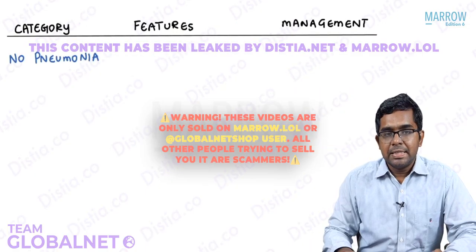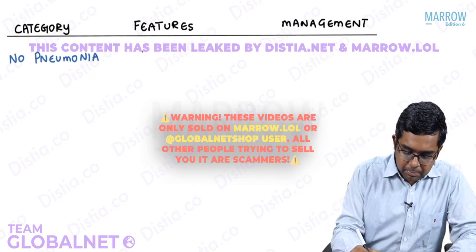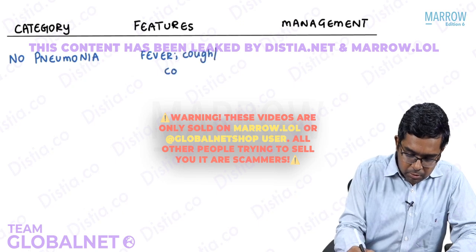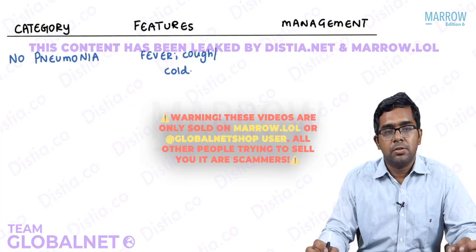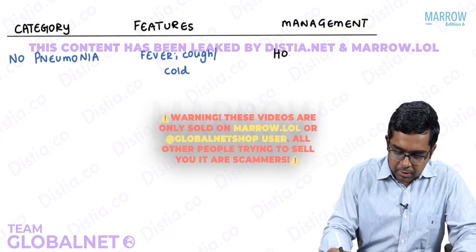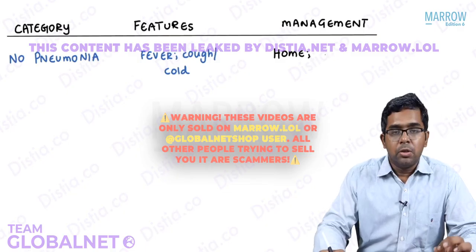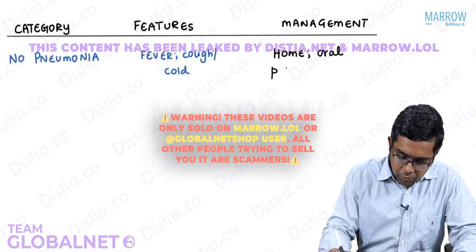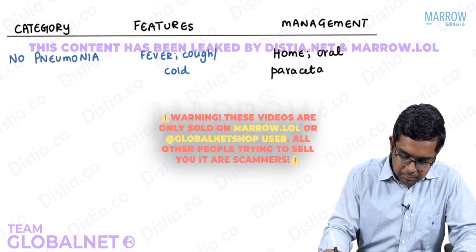The first category is no pneumonia, which is characterized by only fever, cough or cold. There are no other associated features. No pneumonia is advised home management. You have to give oral paracetamol for management of fever.